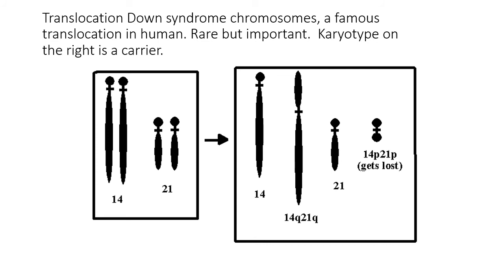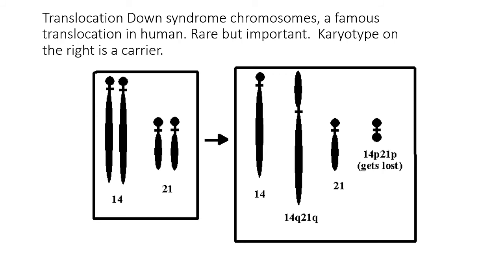And that's okay, except that this type of translocation in humans is fairly rare. Most people, of course, contain two normal copies of chromosome 14 and two normal copies of chromosome 21. Remember that Down syndrome arises from extra copies of chromosome 21 information. Now think about what happens if you have a person where one of their chromosomes 14 and one of their chromosomes 21 fuse together to form one big chromosome.